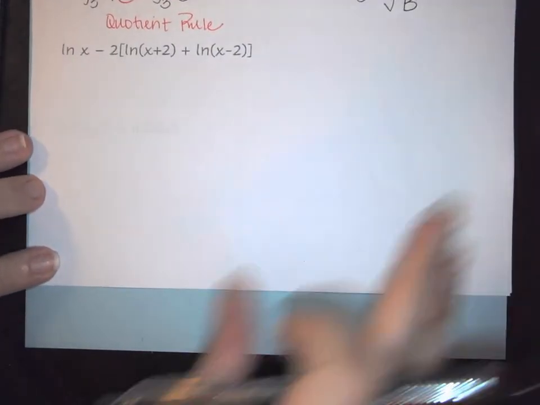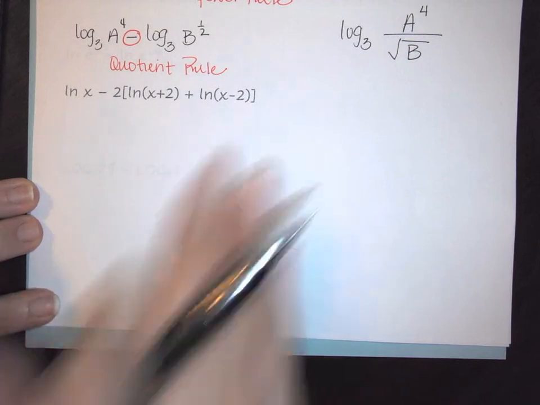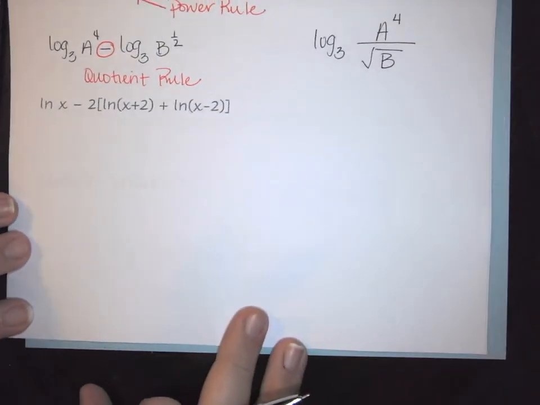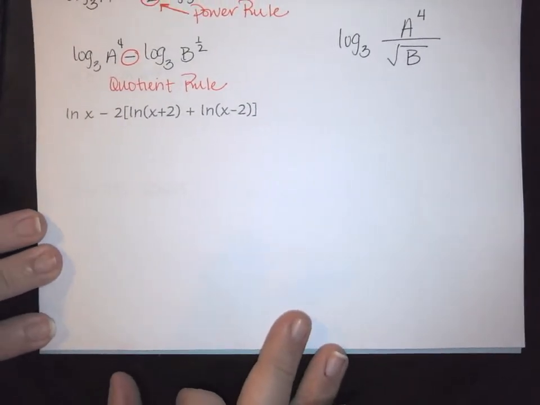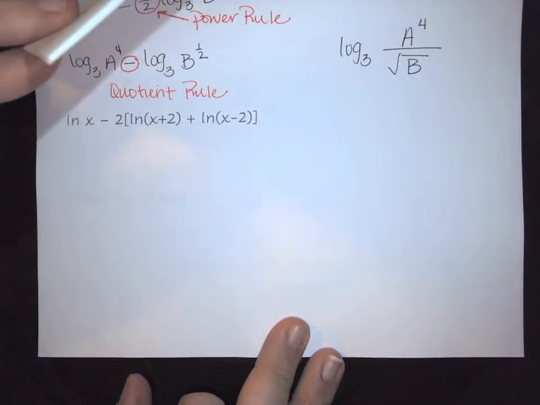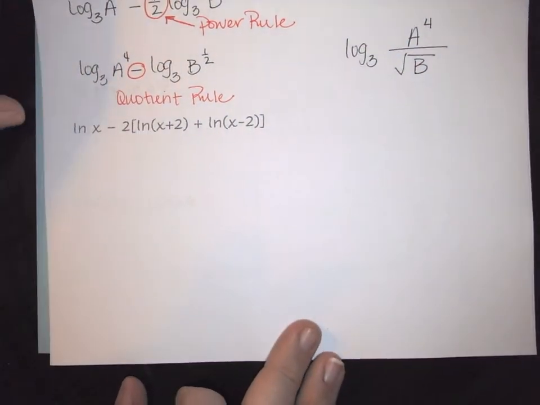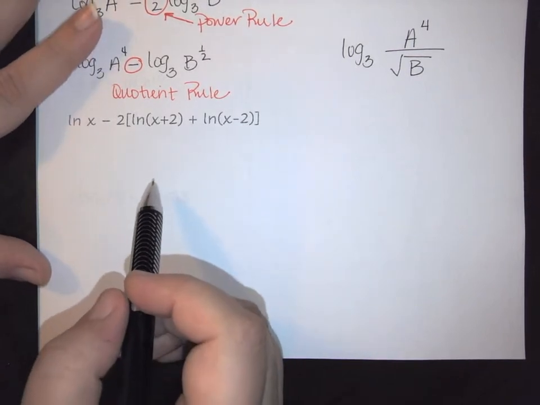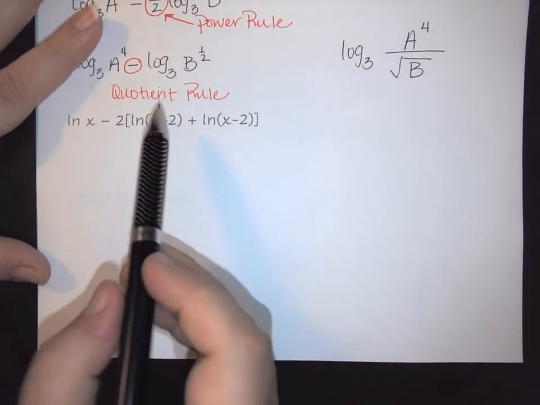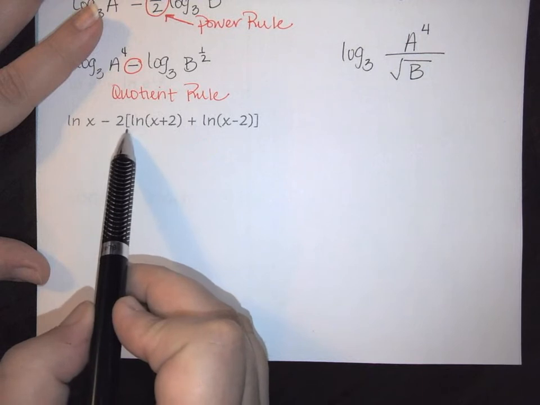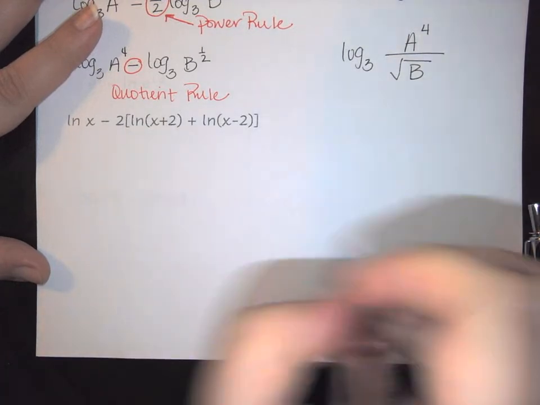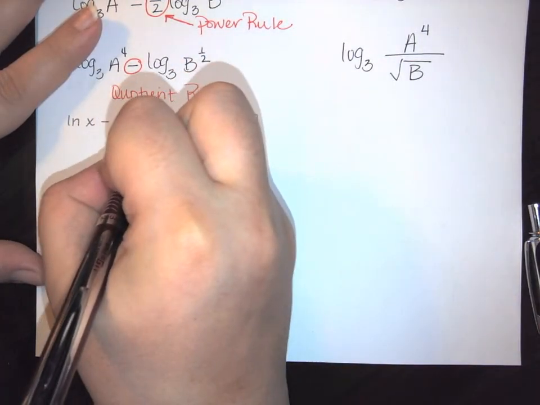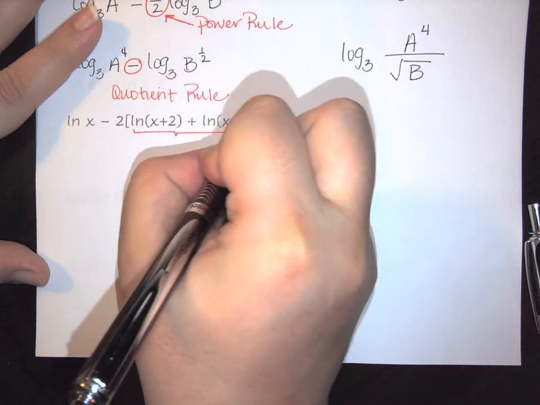Alright, let's do one more here. Notice this one has lots of natural logs. So let's go ahead and take a look at how that's going to work. The first thing we have to do is the same thing as always. We have to work from the outside in, but we have these parentheses here. And what that says is that we have to do what's inside your parentheses first.